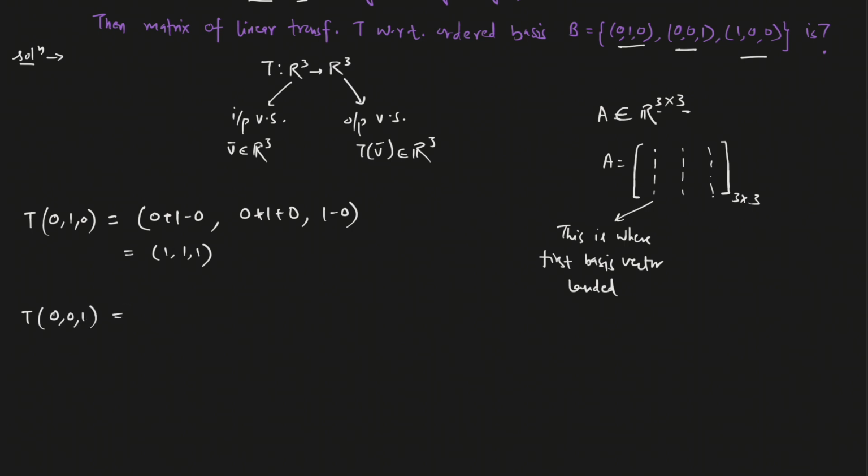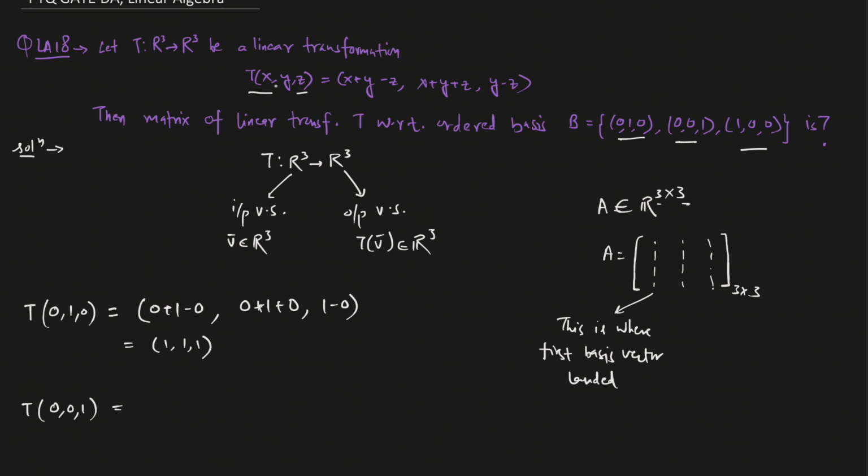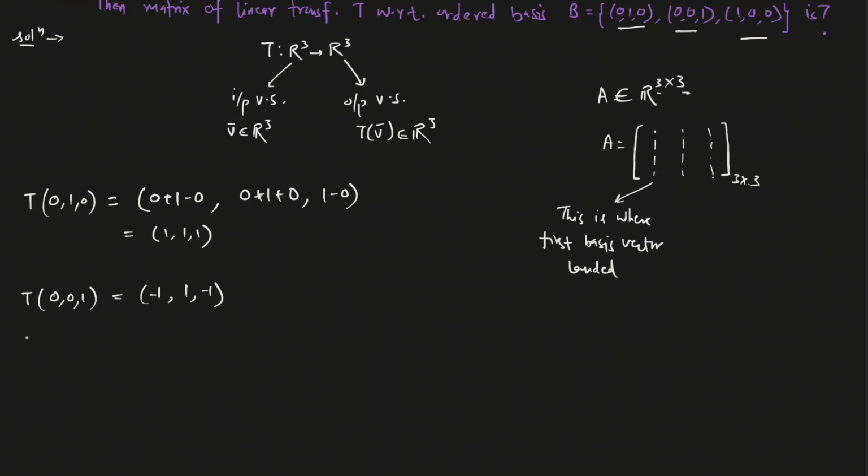When you transform it using this transformation, you will get minus 1, minus 1, minus 1. Similarly, for the third basis vector, which is 1, 0, 0, you will get 1, 1, 0.